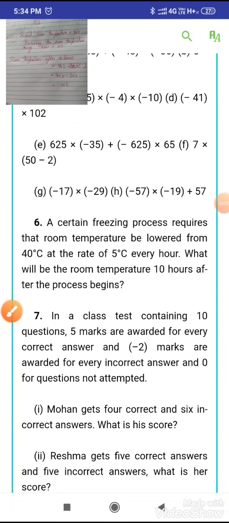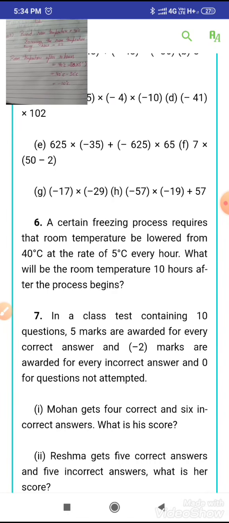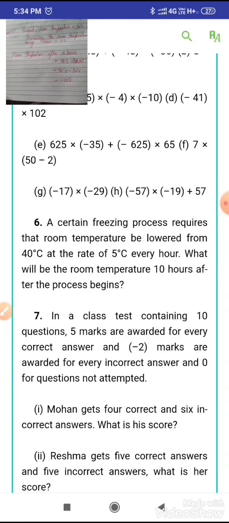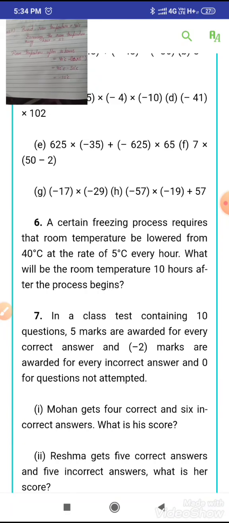So present room temperature is 40 degrees Celsius. Decreasing the room temperature every hour is equal to 5 degrees Celsius. Room temperature after 10 hours, because we have to find the temperature of the room after 10 hours, is equal to 40 degrees Celsius minus 10 multiplied by 5 degrees Celsius.